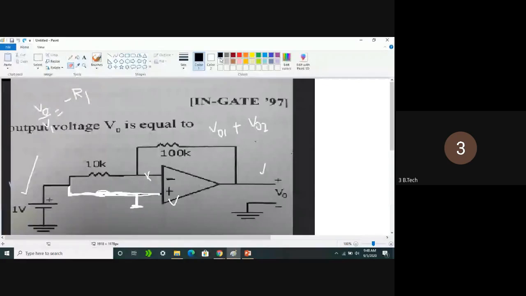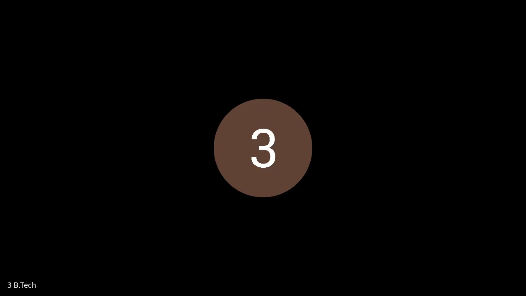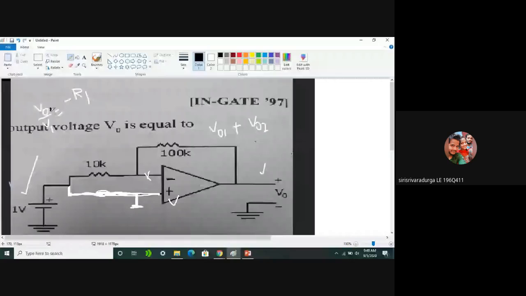What is the formula for the non-inverting terminal? V out by V in equals 1 plus Rf by R1. Now tell me the value.